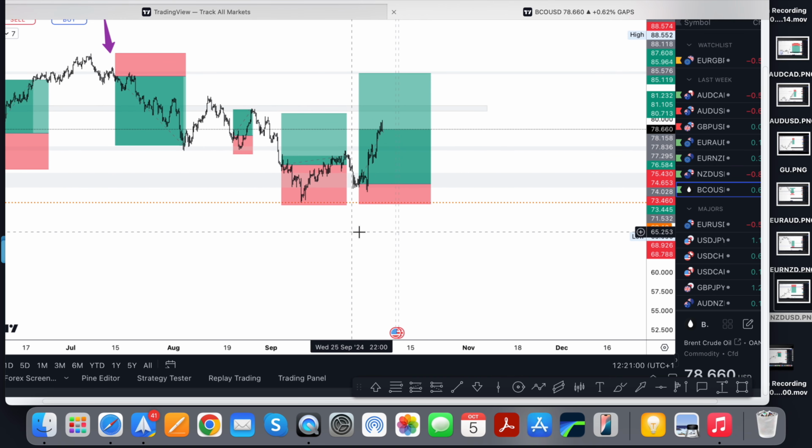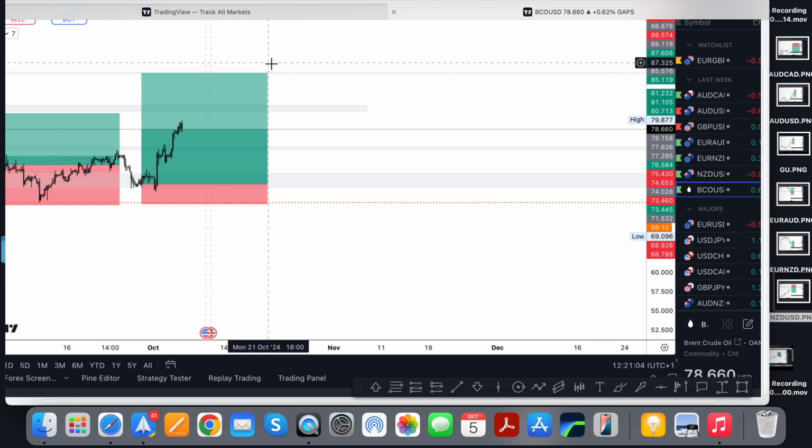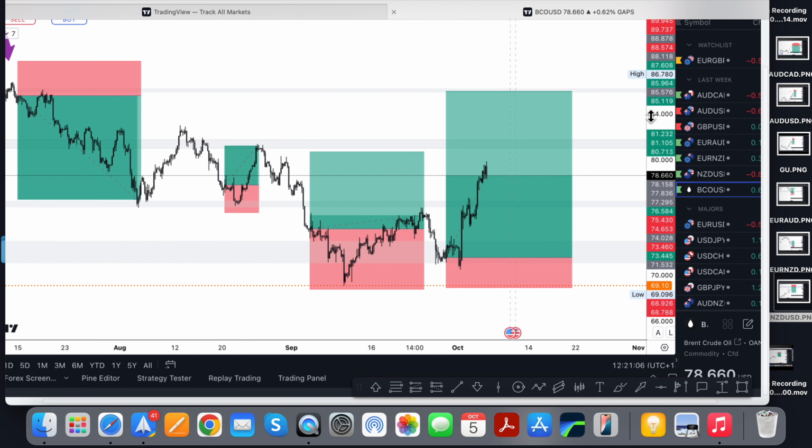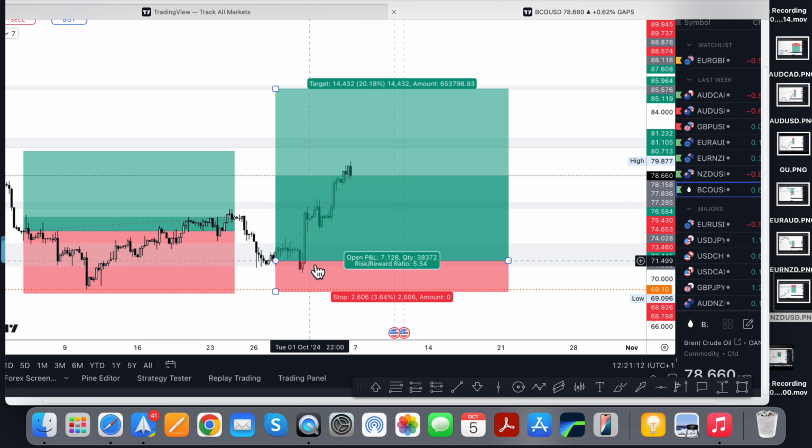Now here you can see we almost got stopped out here. So there's really no context behind this trade in particular. We were in this previous support zone, but also the news of what's happening in the world today in the Middle East. We just had a feeling that $71 was way too cheap for oil.